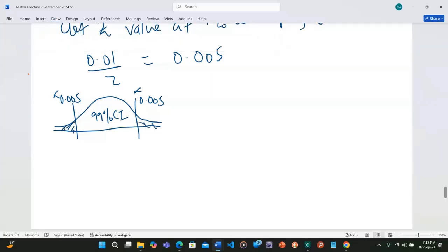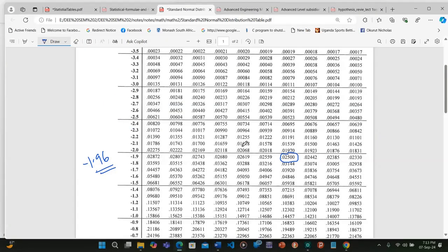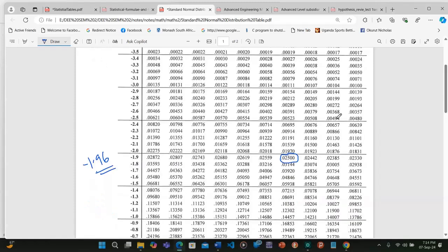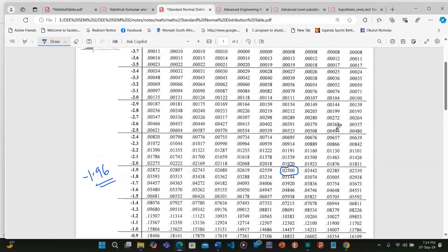So let's go and check in our tables. We are going to look for the Z value that corresponds to 0.005. So where is that value? The one which is close to 0.005, we have that, and we have this.